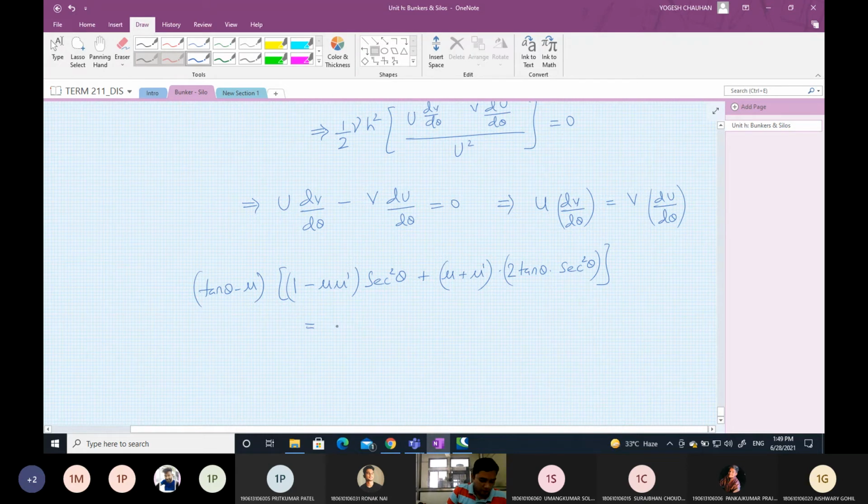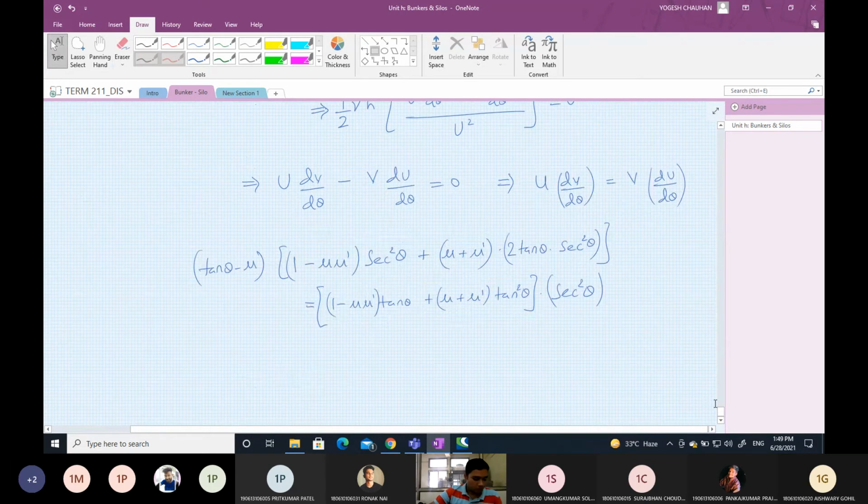V is 1 minus μ' tan θ plus μ' tan² θ, multiplied by dθ of tan θ minus μ, that will be sec² θ. Okay.